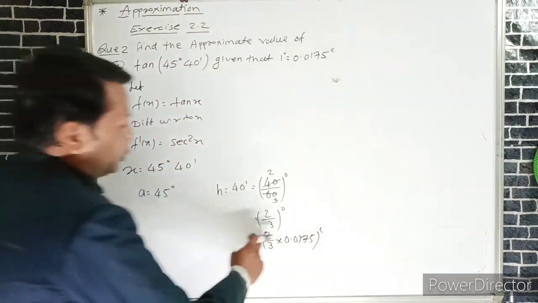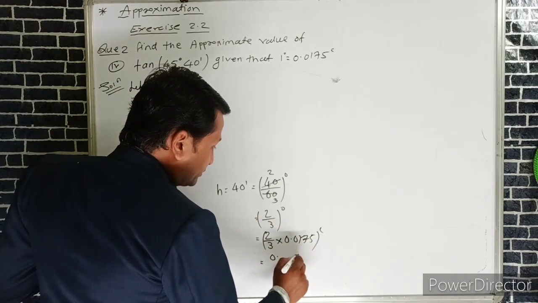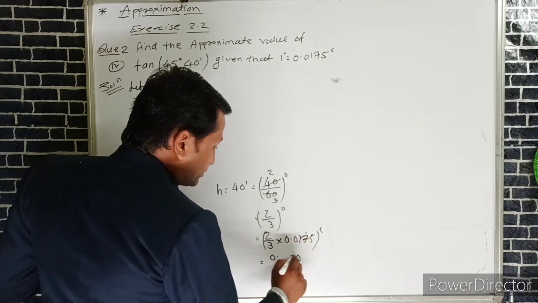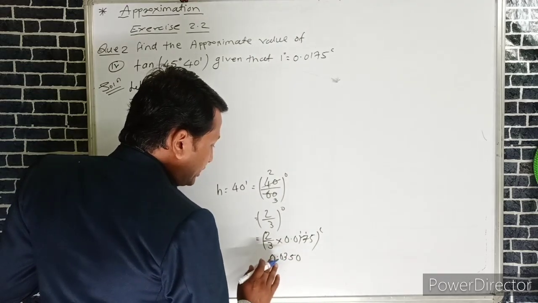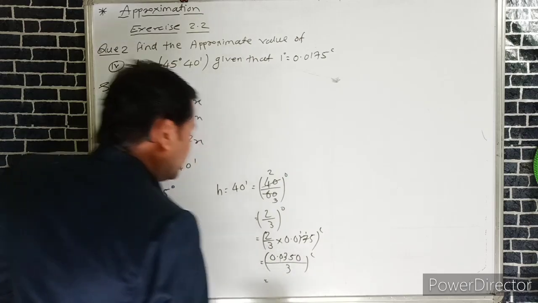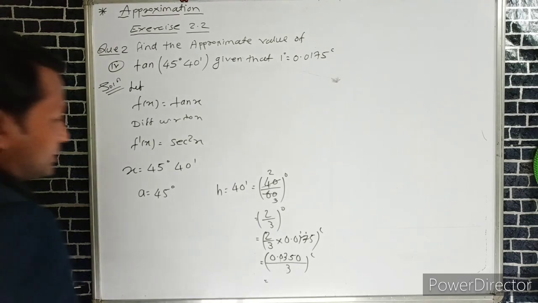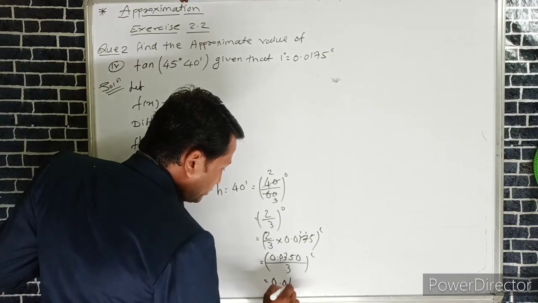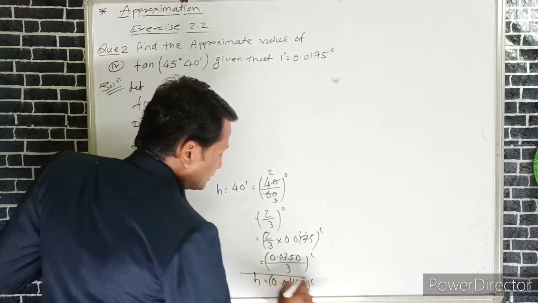So 2 into this gives 0.0350 upon 3 in radian, which is 0.01167 radian. This is the value of h.